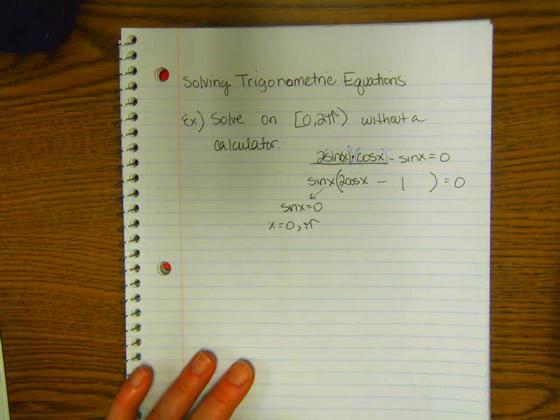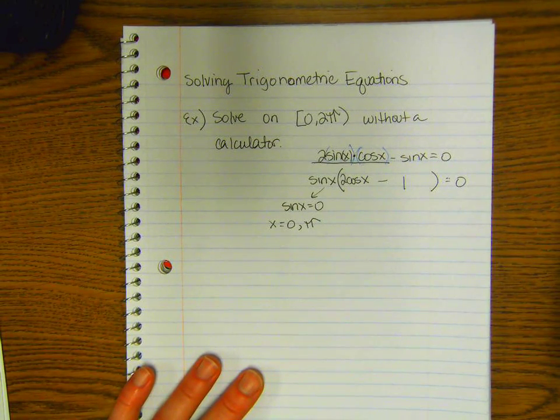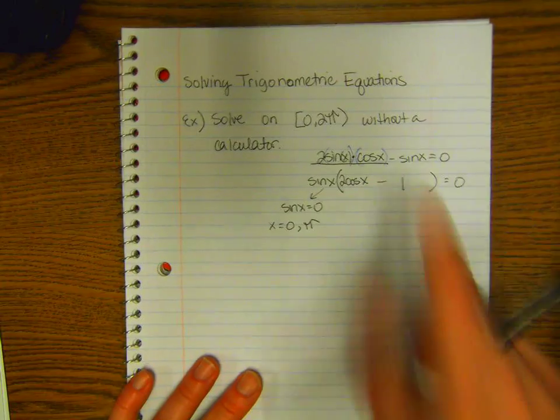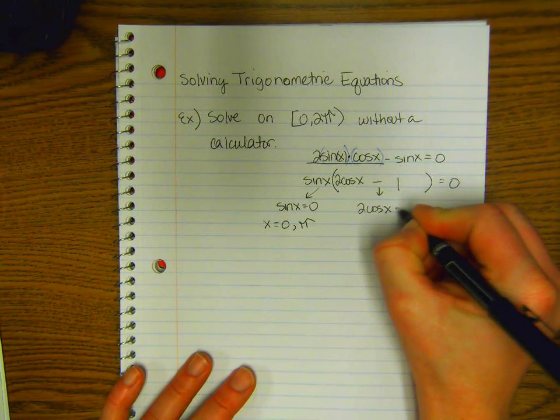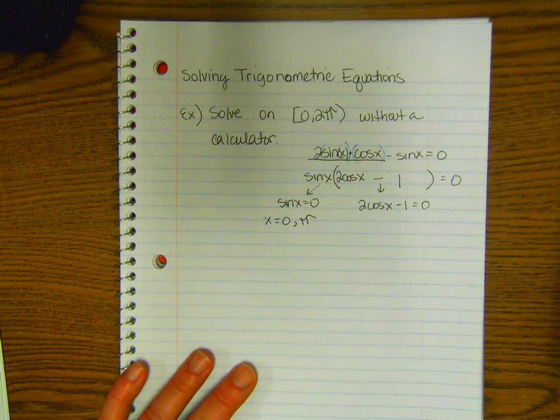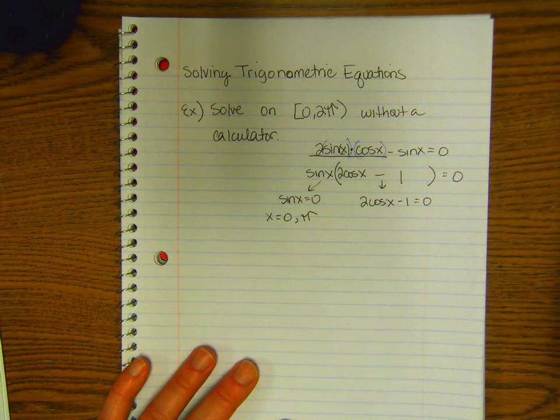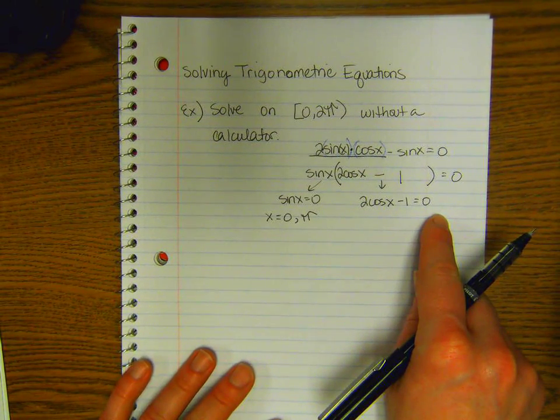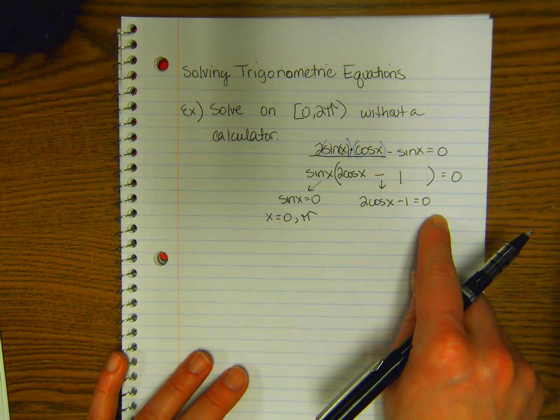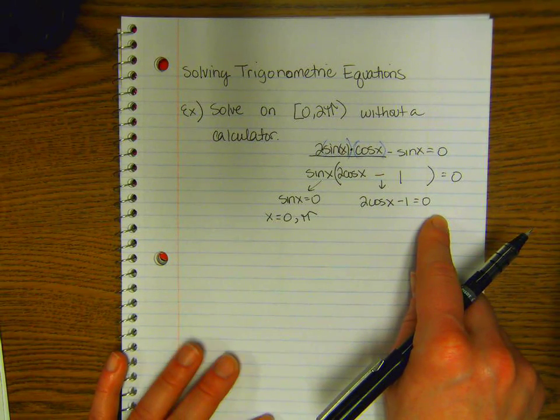Alright, so now let's do this one. We're going to get cosine of x alone so we can figure out it's going to be an exact cosine value. Can I add 1 to both sides and then divide by 2? Do I have to write all those steps out? I hope not.